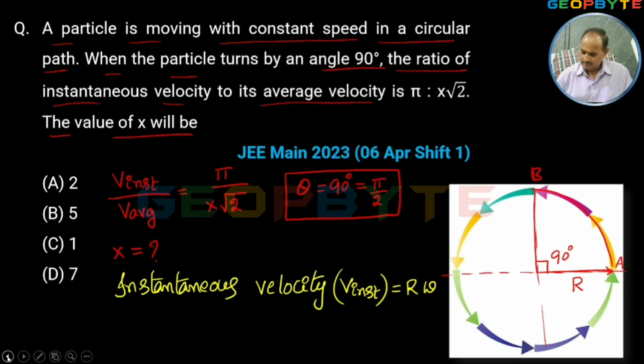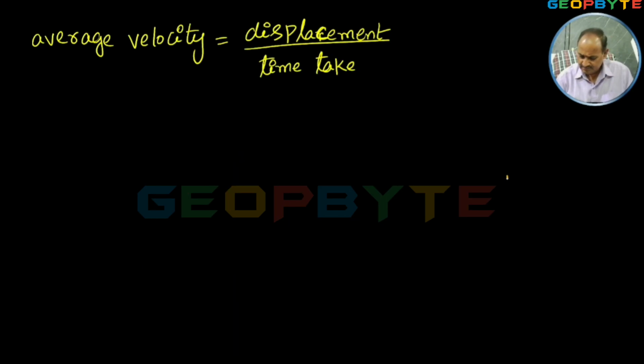Here displacement can be decided like this. You try to join A and B by a straight line. That straight line length itself is the displacement. So that straight line length I can find like this. It looks like a right angle triangle.